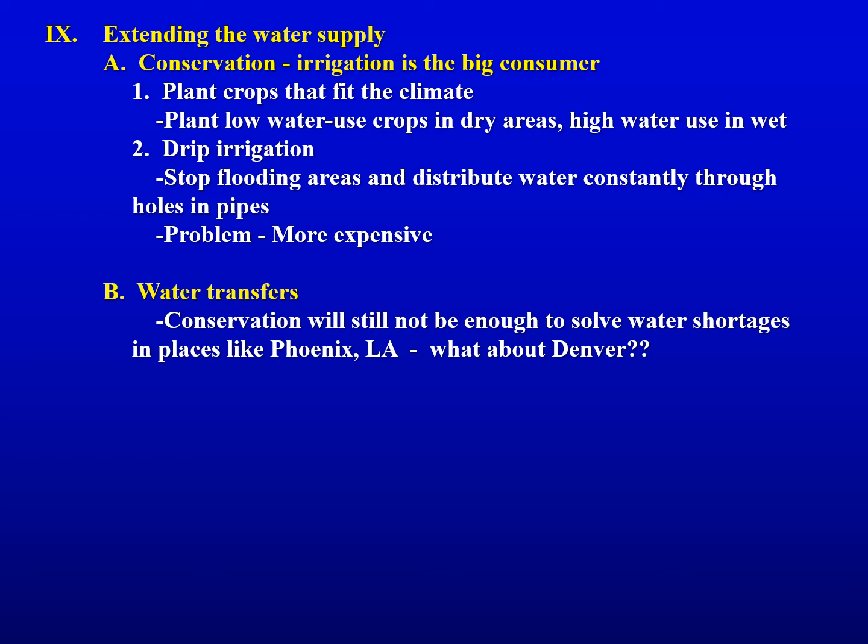So all these cities have to go great distances to get water and divert water. And as these cities continue to grow, they demand more water. And as time goes on, there's just not going to be enough of it.